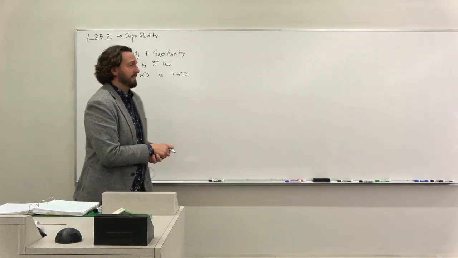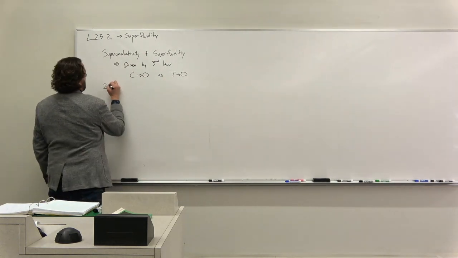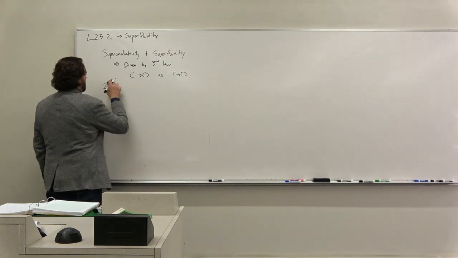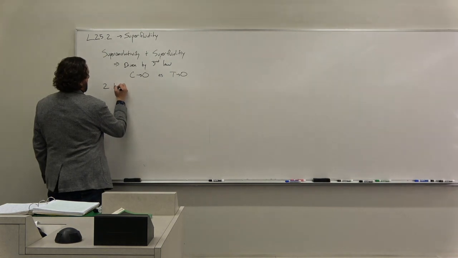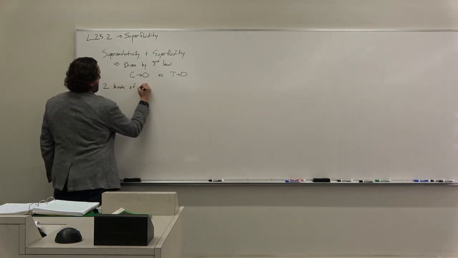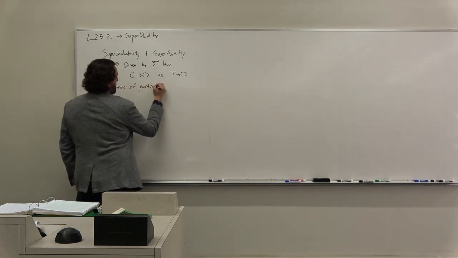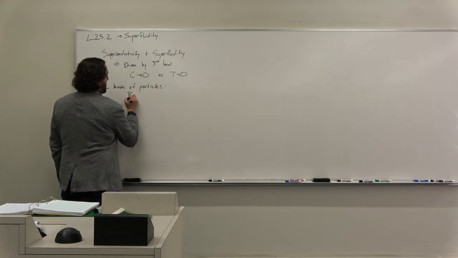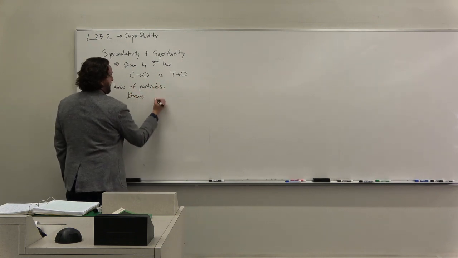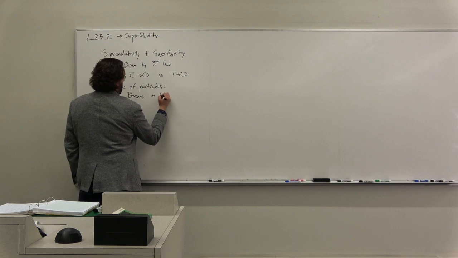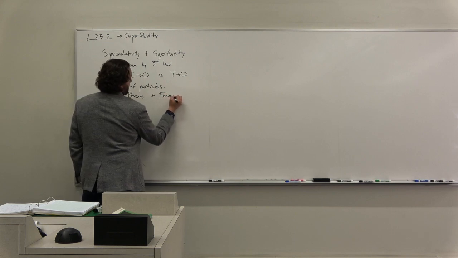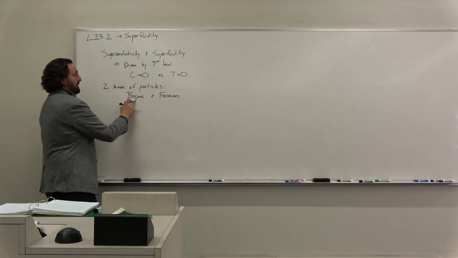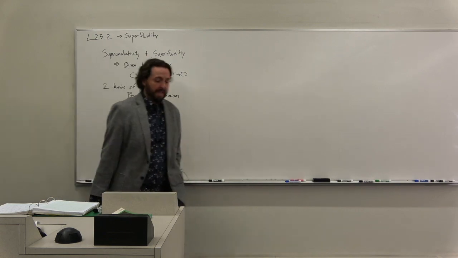There are two kinds of particles in the world. There are bosons and there are fermions. So this is after Bose and this is after Fermi. Okay.